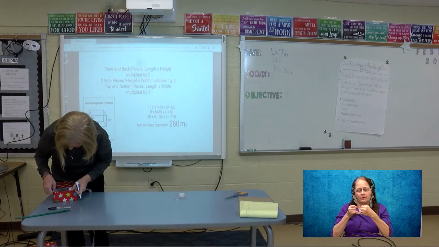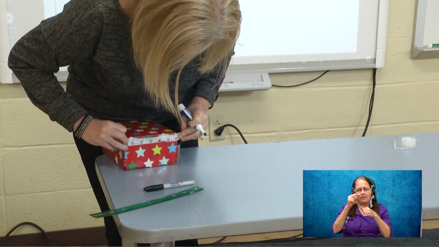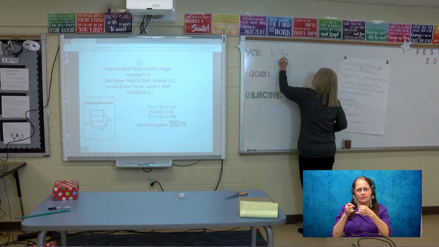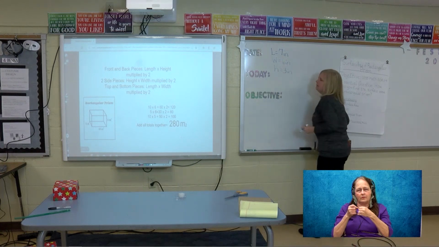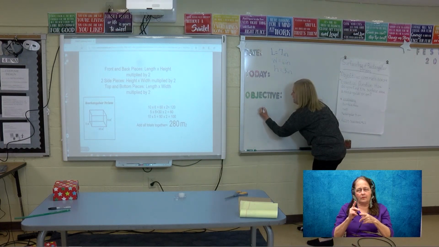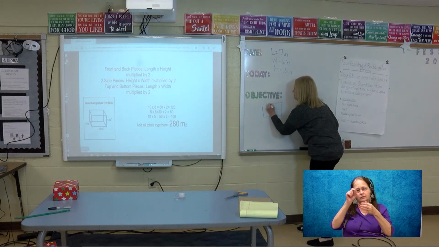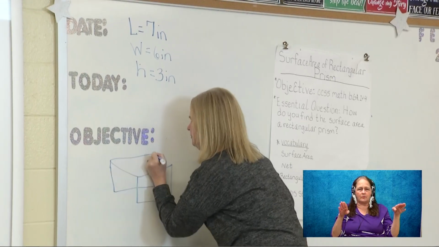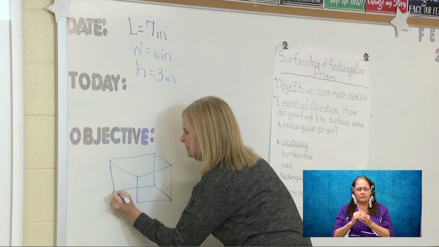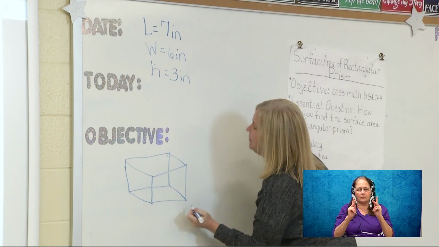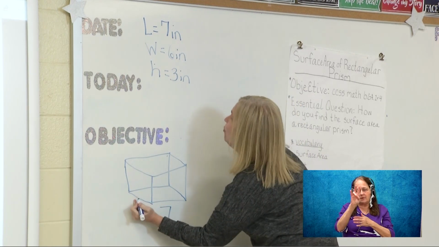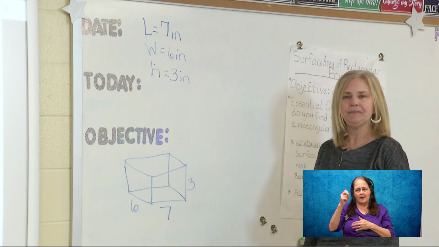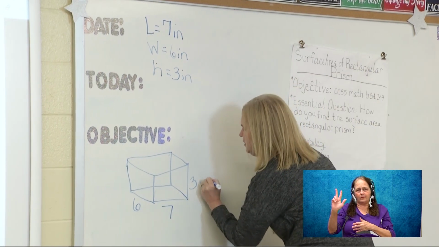And the width of this box is about 6 inches. Okay, so I'm going to sketch it. So the length is 7, the width is 6, and the height is 3, and these, of course, are all inches.